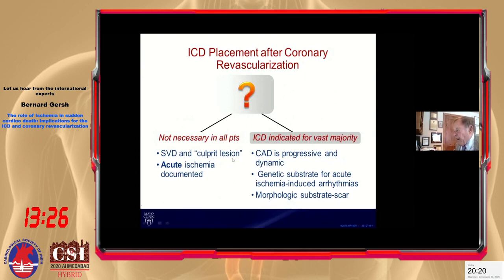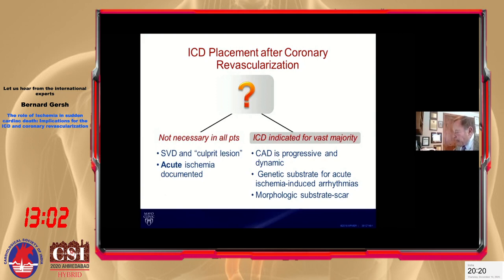who have survived a cardiac arrest, you've got to remember that the coronary disease is progressive and dynamic. There is a genetic substrate that I'll illustrate for acute ischemia-induced arrhythmias. There's a group of people who, when they get ischemia, fibrillate. There's another group of people who, when they get ischemia, they have an MI and they don't fibrillate.